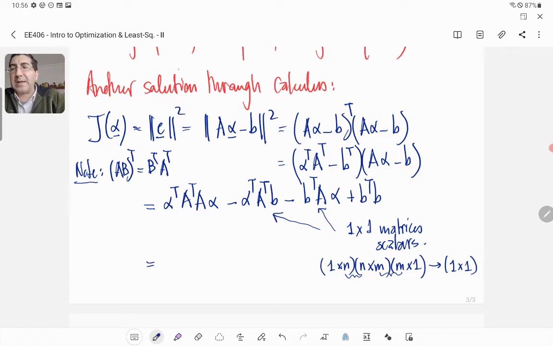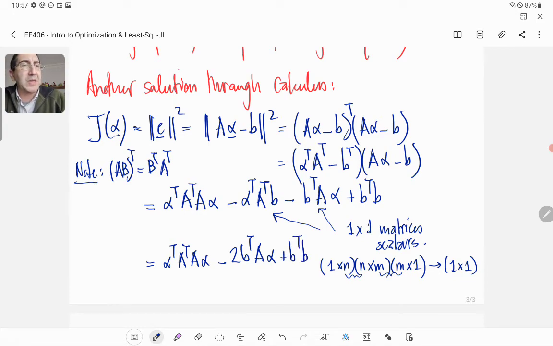So what I can summarize this with is that this becomes basically 2. So this becomes alpha transpose A transpose A alpha minus 2 times B transpose A alpha. It doesn't matter which one you write down.